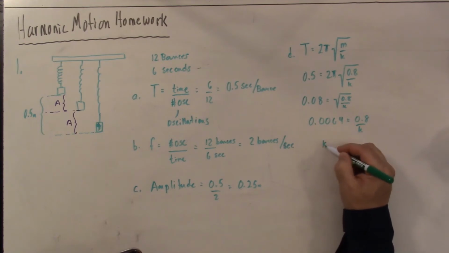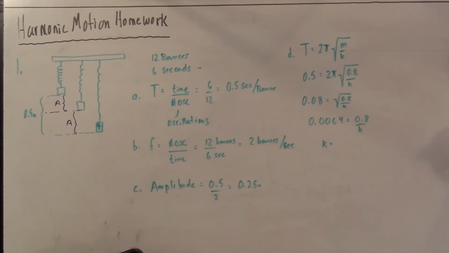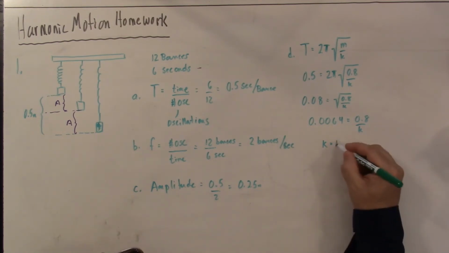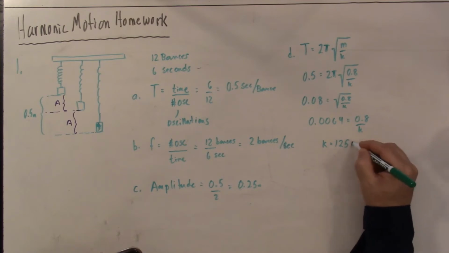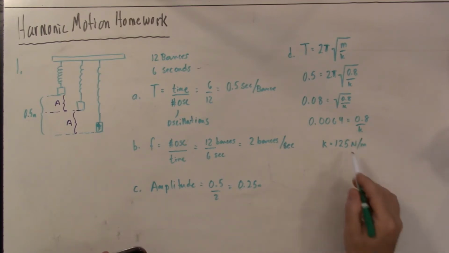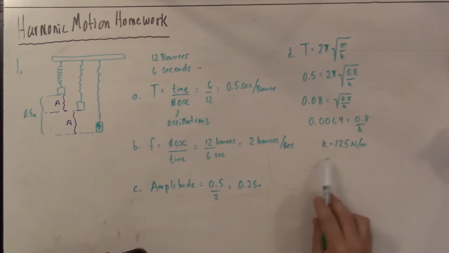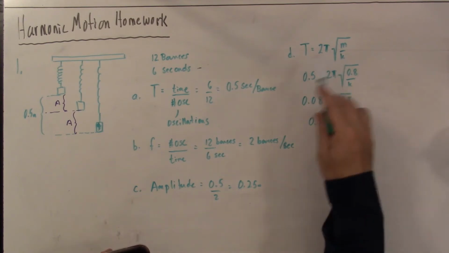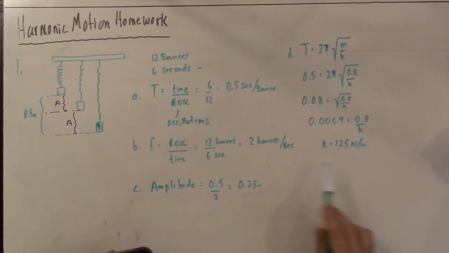And I got k is equal to 125, and that's newtons per meter. Now, if you get 126 or 127 or 128 or 124, that's fine. It depends on how you round it, but this is the general idea. So that's D.